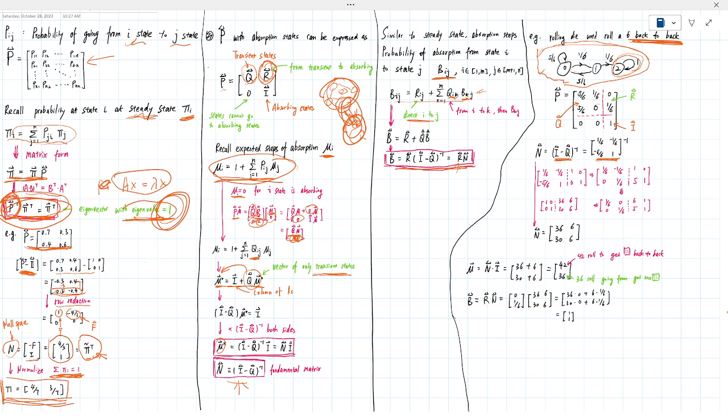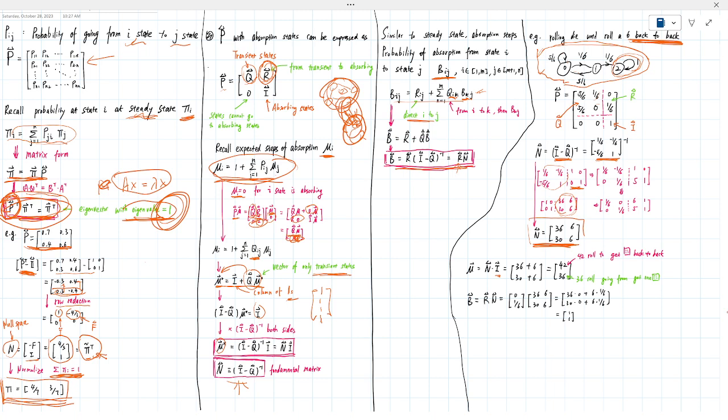You can review the linear algebra. You do a row reduction with the identity on the side, and keep doing it until the left matrix is the identity, and the right will be the inverse. So I ended up getting the fundamental matrix like such, multiplied by vector I. Vector I, I forgot to mention, is a vector of ones, so 1, 1.